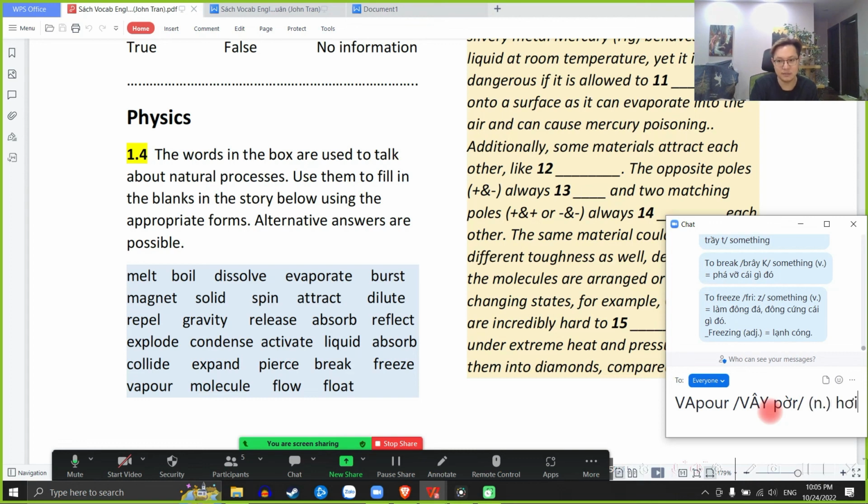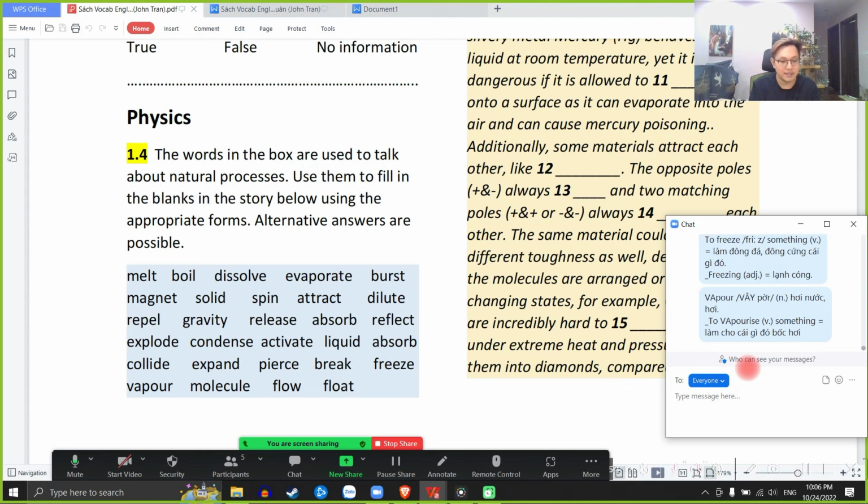Okay, next word, vapor. Vapor là hơi nước. Hơi, các dạng hơi bay lên đó. So the verb is vaporize. To vaporize là làm cho cái gì đó bốc hơi. To vaporize something.